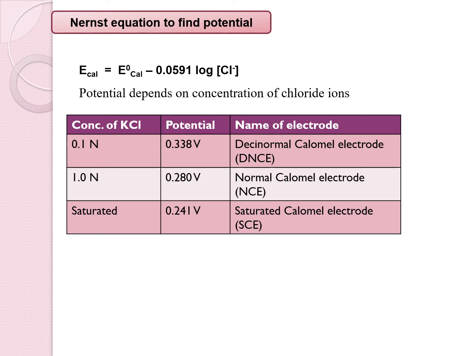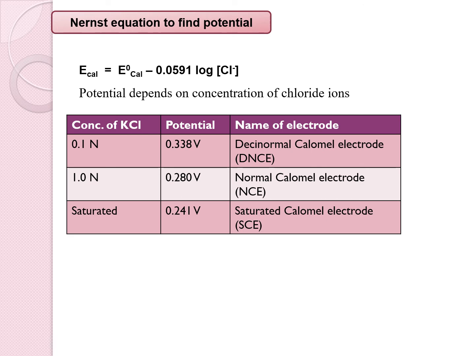So we can say about the calomel electrode that it is a secondary reference reversible electrode. When it acts as an anode, the concentration of mercury decreases and mercurous chloride increases, while when it acts as a cathode, the concentration of mercurous chloride decreases and that of mercury increases.